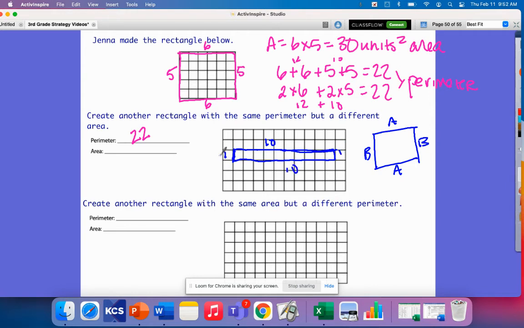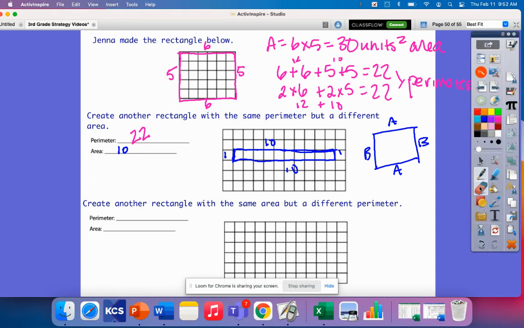If I add these up, 1 plus 10 is 11, and 1 plus 10 is 11, and 11 plus 11 is 22, but my area would be 10 because it's a 1 by 10. So this would have the same perimeter as that, but obviously it's a different area because this is not as large as that.